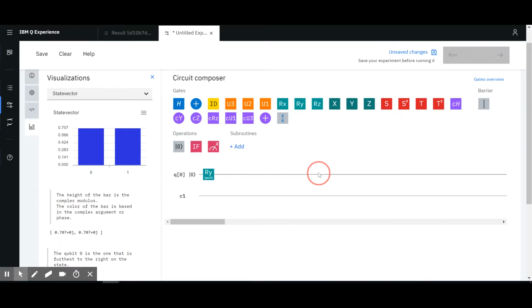The Y rotations are sort of the regular stuff, and the Z rotations, to a zero state make nothing, and to a one state make nothing.